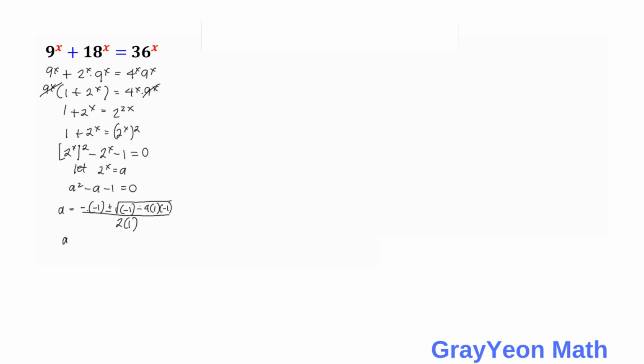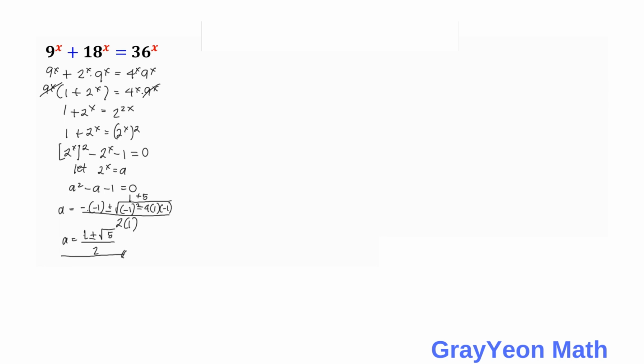So inside the radical, we have 1 plus 4, which is positive 5, so the square root of 5. So a is equal to 1 plus or minus the square root of 5 all over 2. Okay, but that is not our final answer.